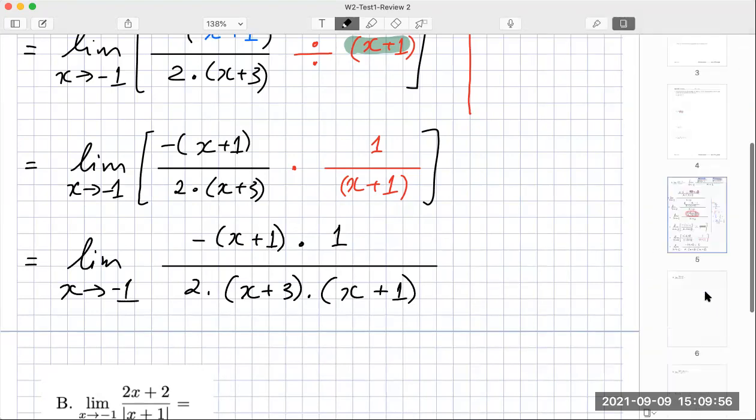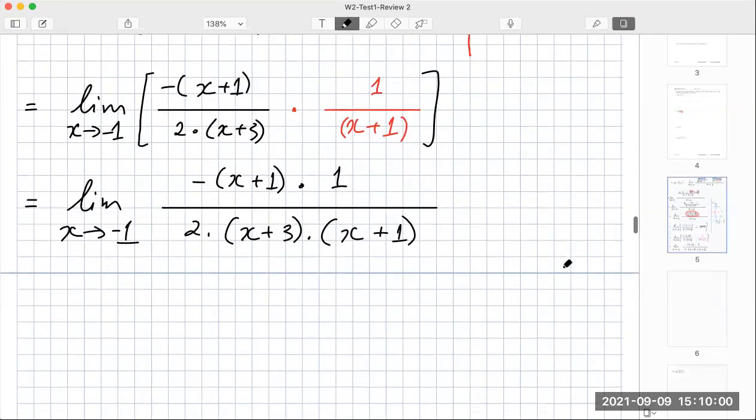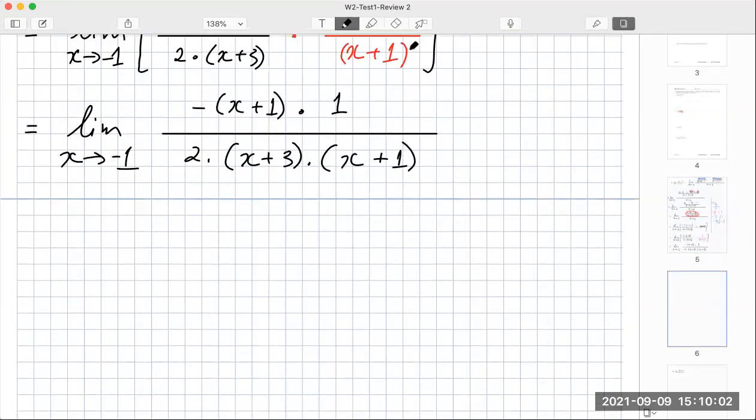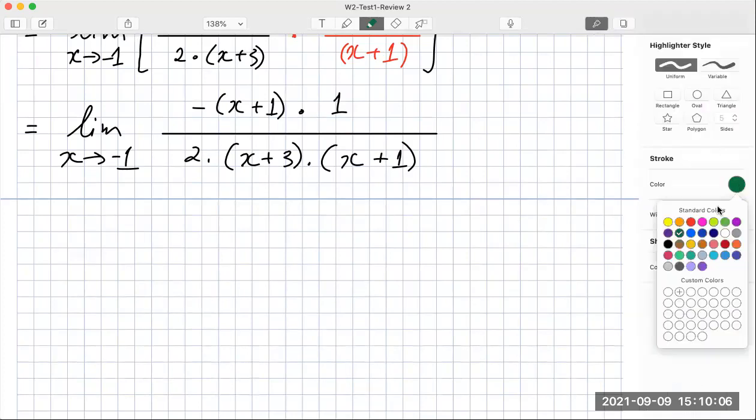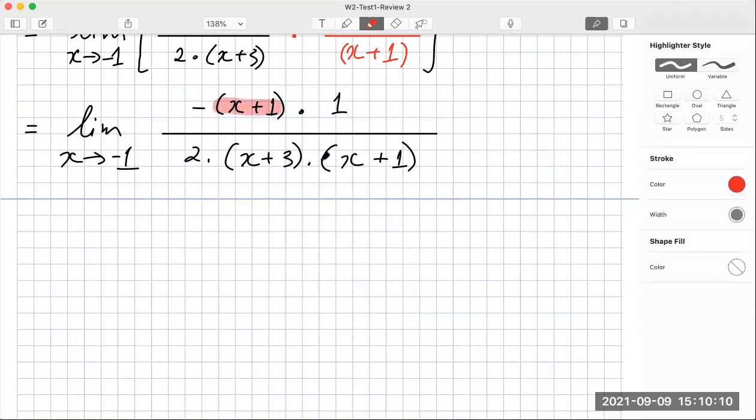Okay, now what should we do? Can we cancel out the x plus 1 in the numerator and the denominator? Yes, we can only do so when they are all multiplication. Okay, then we can cancel these terms out.